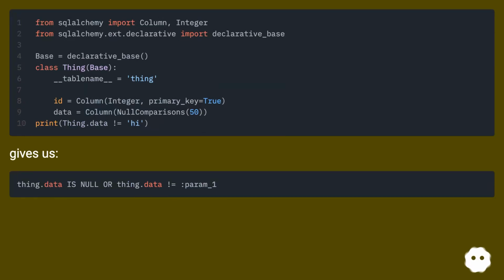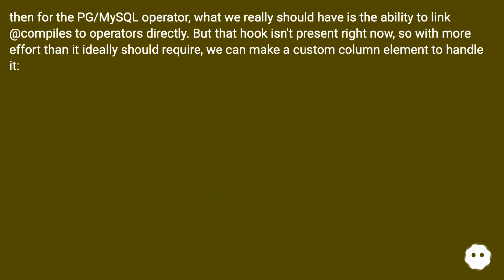Gives us. Then for the PostgreSQL/MySQL operator, what we really should have is the ability to link it compiles to operators directly. But that hook isn't present right now, so with more effort than it ideally should require, we can make a custom column element to handle it.